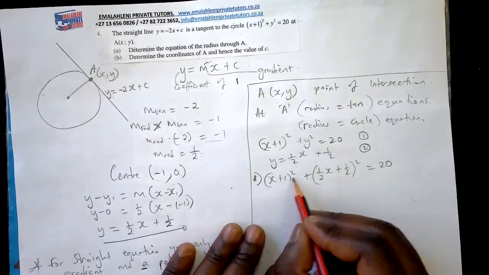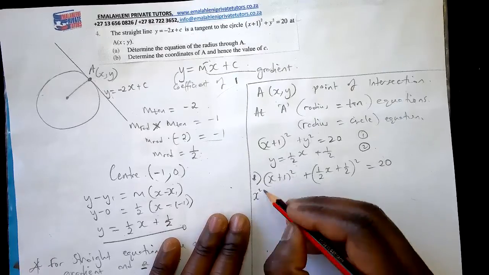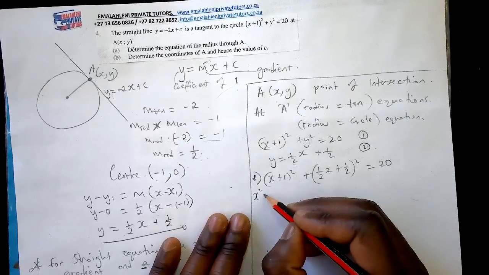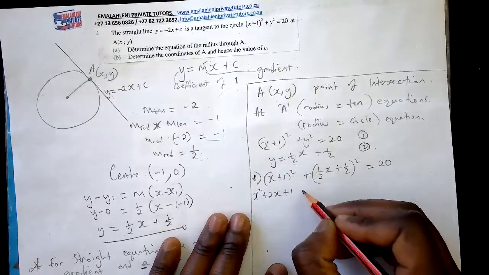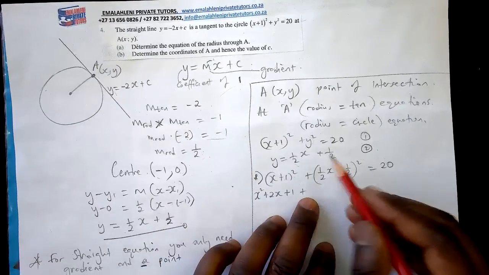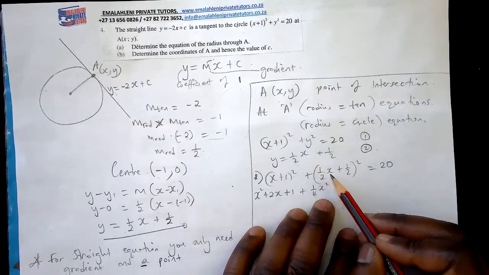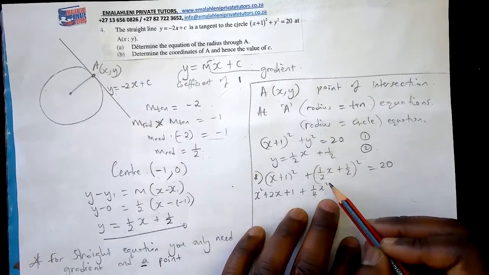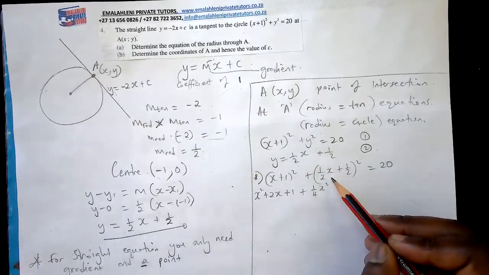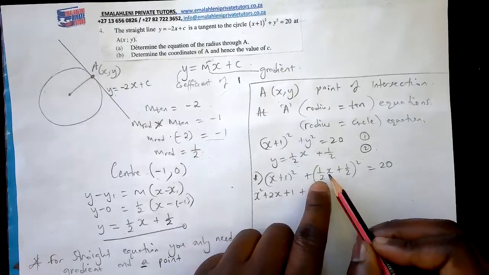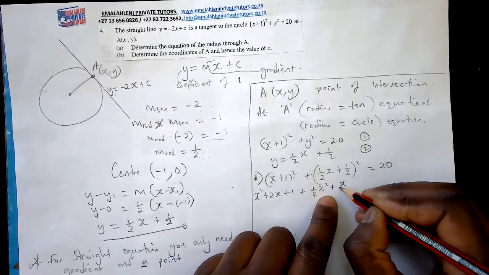So what are we going to do for this one? It's going to be x² plus x times 1 plus 2 times... we're going to get 2x, so plus 2x. Then 1 squared gives us 1, plus half x squared gives us 1 over 4 x². Then half times half gives 1 over 2... half x times half is 1 over 4, times 2 we get 1 over 2, so plus x over 2.